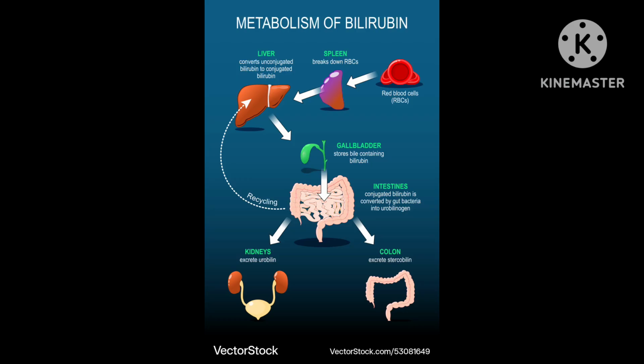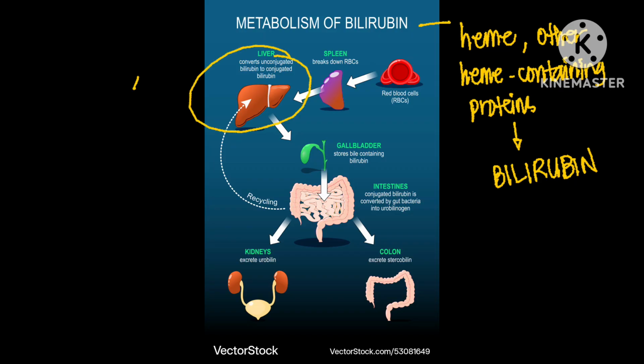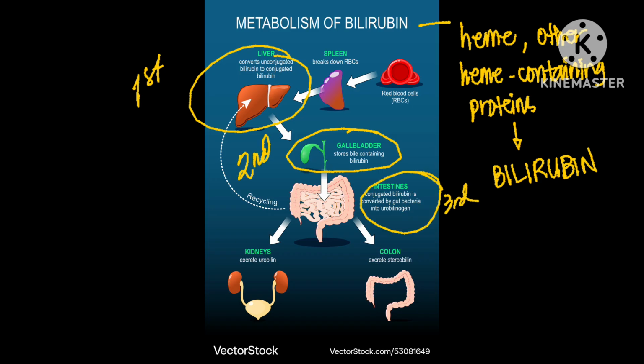So what is bilirubin metabolism? This is a process by which heme, remember, that's a component of hemoglobin, and also other heme-containing proteins is degraded and converted into bilirubin, then conjugated, transported, and excreted primarily via the liver into the bile and ultimately into the intestine.